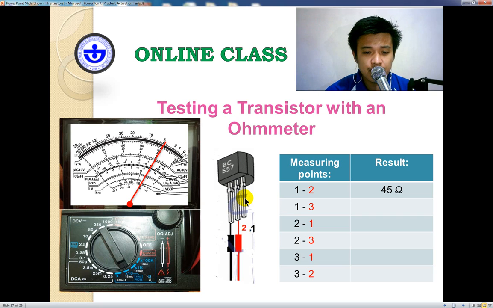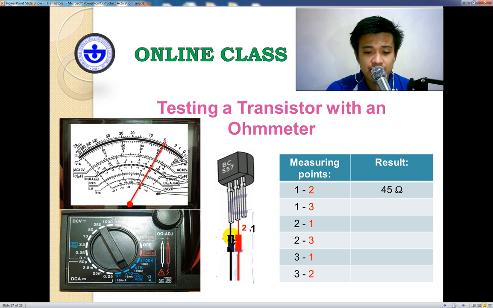Just a reminder, do not forget that when you use your analog multimeter on semiconductor materials, such as diodes and this transistor here, the black test probe becomes positive and the red test probe is our negative. Okay, I hope that is clear.